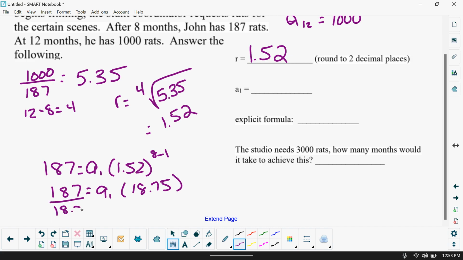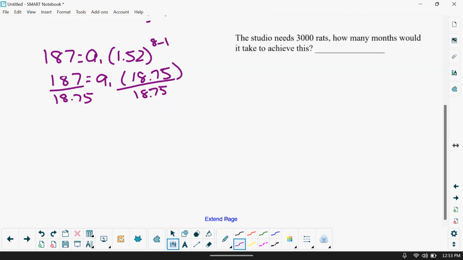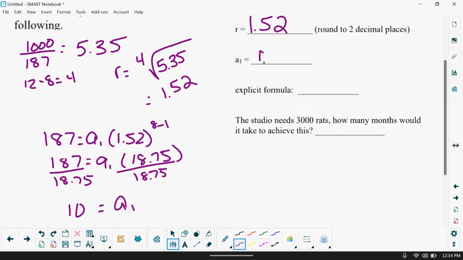Divide by 18.75. 187 divided by 18.75, and I get, we're going to round that to 10. a1 equals 10 rats. Hi, Zach. I have a friend who has rats as pets. My explicit formula is going to be a_n equals 10 times 1.52 raised to the n minus 1.